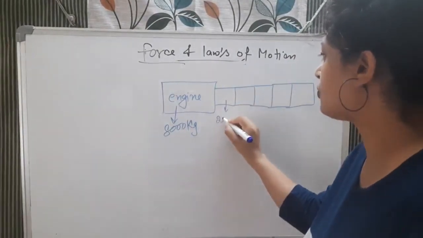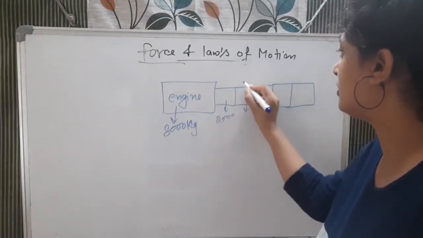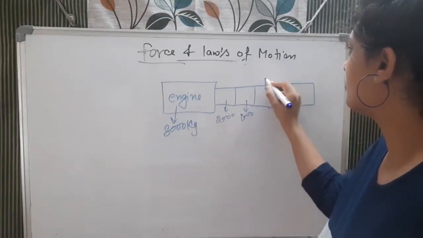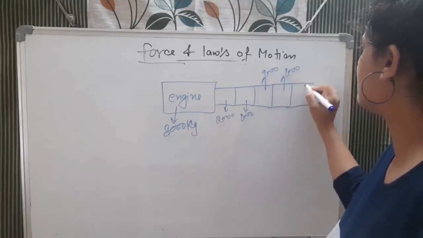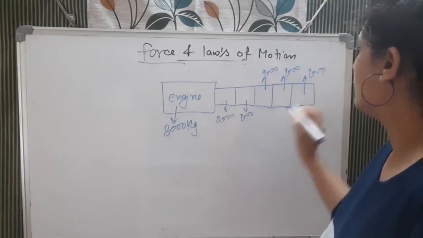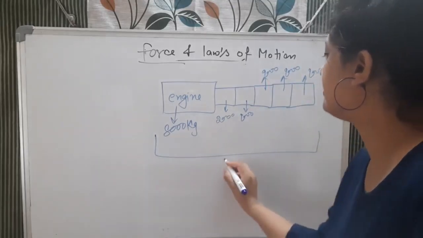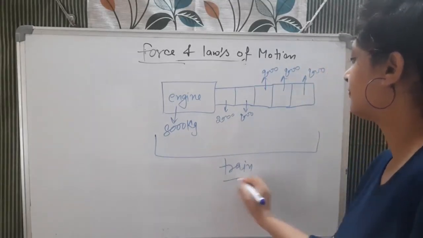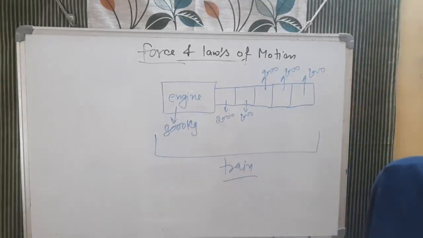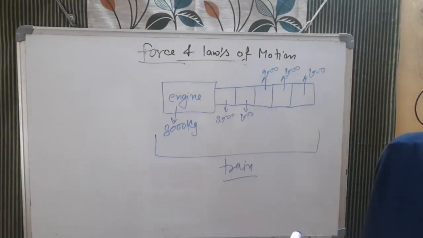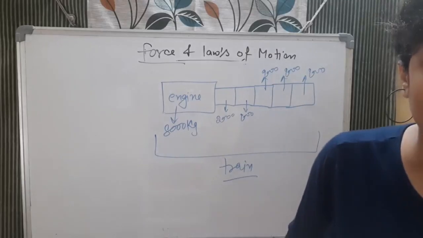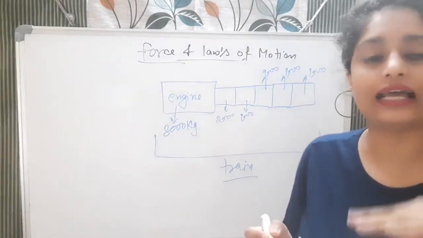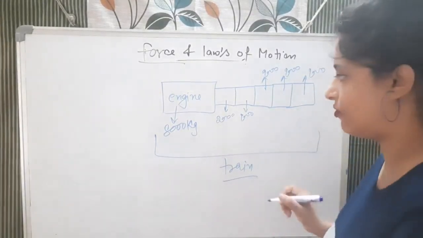So each of these is 2000 kg, and this is also 2000 kg. So this complete thing is the train. Now the question says if the engine exerts a force of 40,000 Newton and the track offers a frictional force of 5,000 Newton, then calculate the net accelerating force.